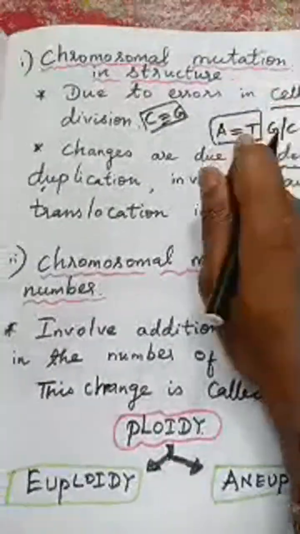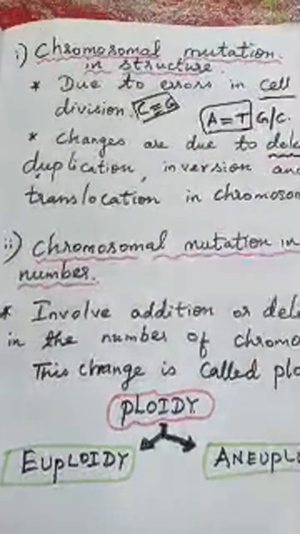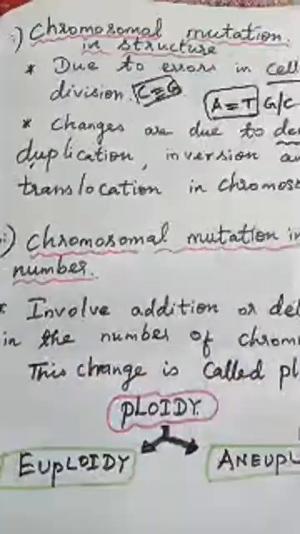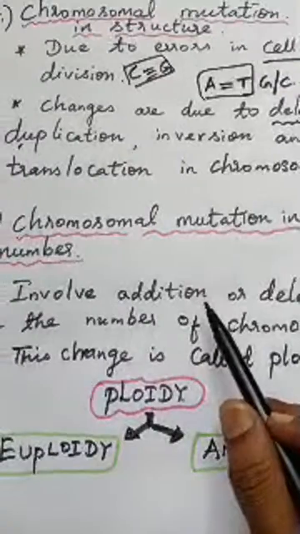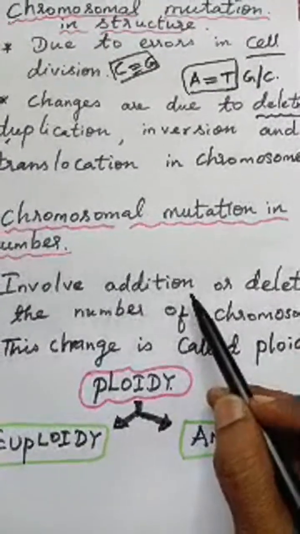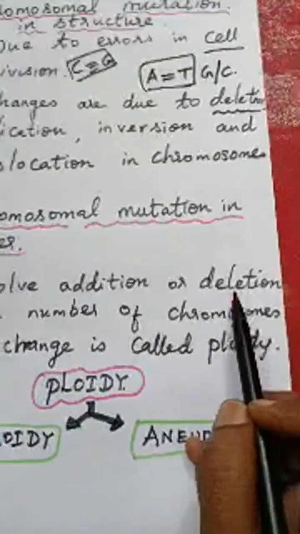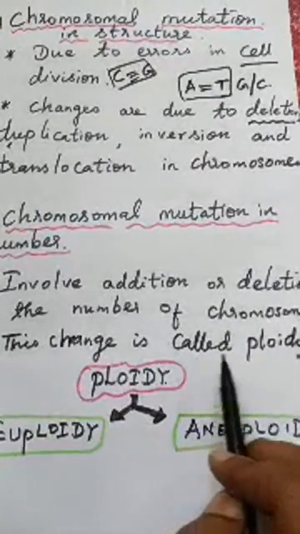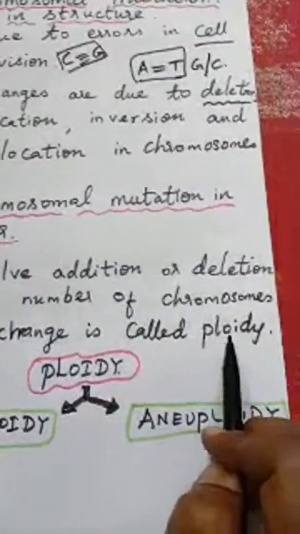That's the first mutation. Understood? And the next one is chromosomal mutation in number. It may be either an addition or a deletion of the number of chromosomes. This change is called ploidy.